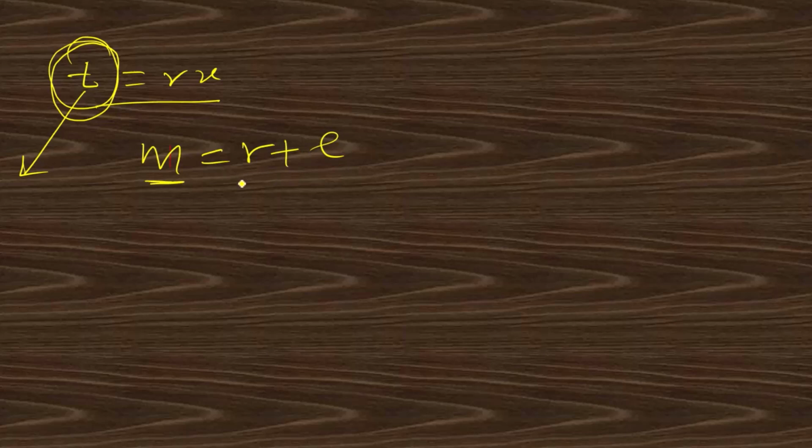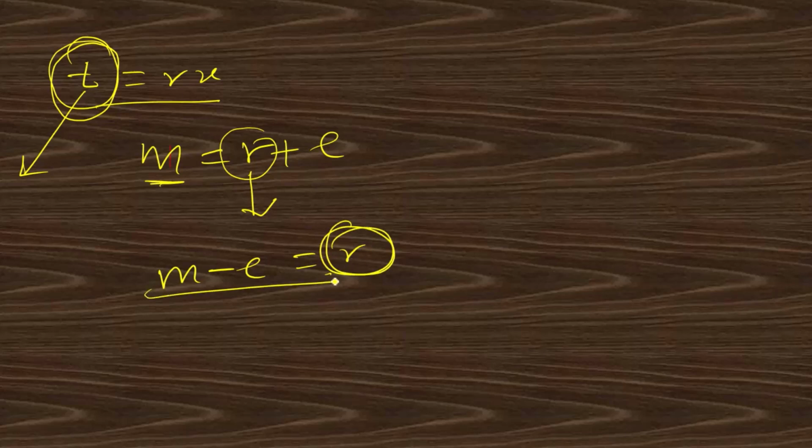With the idea of change of subject, the variable that we ask to make the subject of the expression, you have to make sure that variable stands alone. So for instance, if we ask to make r the subject here, I'll make sure r stands alone. So this one will be m minus c equals r. So we see r is the subject of the expression here.